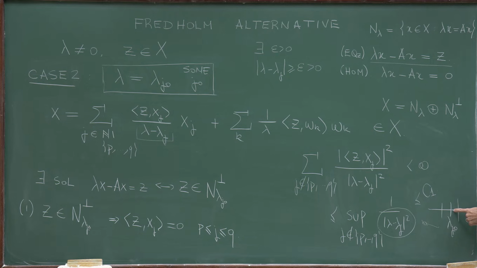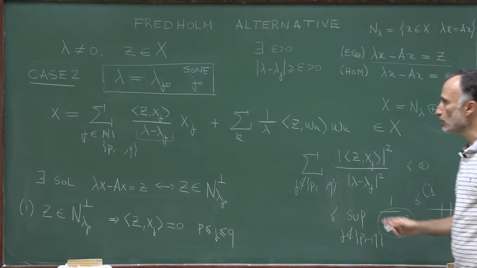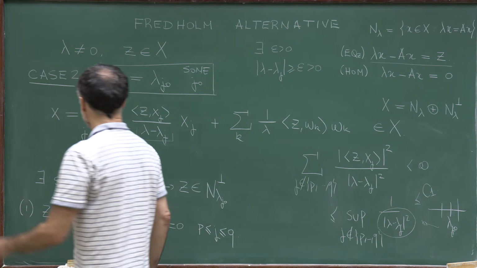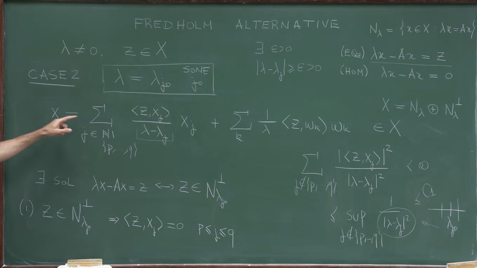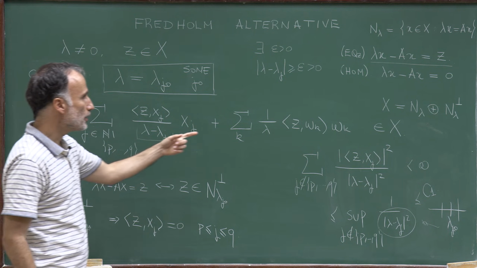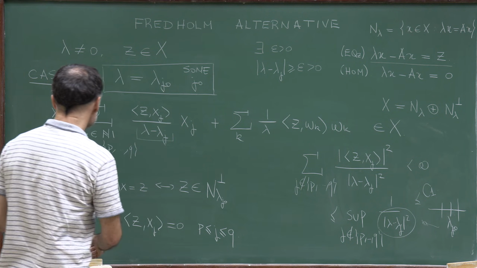So it cannot accumulate around lambda j0. So this distance and this distance are strictly positive, and therefore this supremum is finite. And this proves that this sum is finite, and therefore that indeed x given by this sum defines an element in xk.